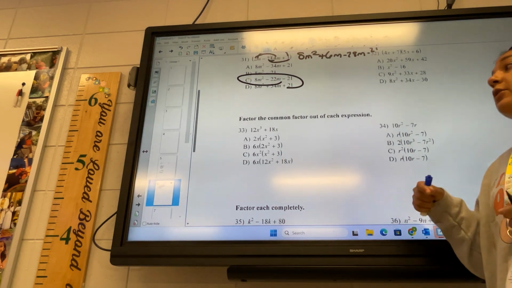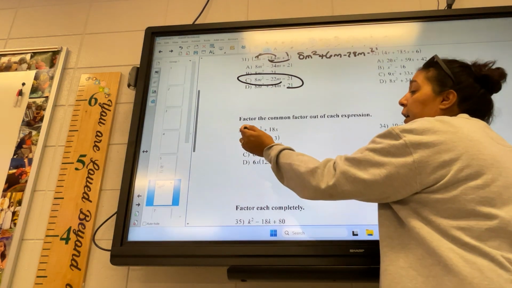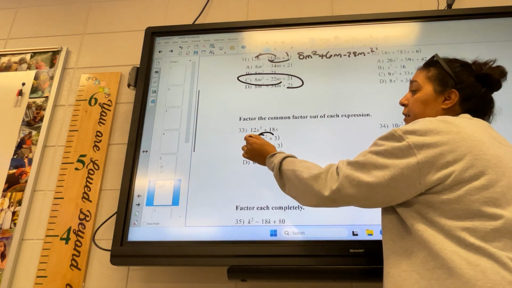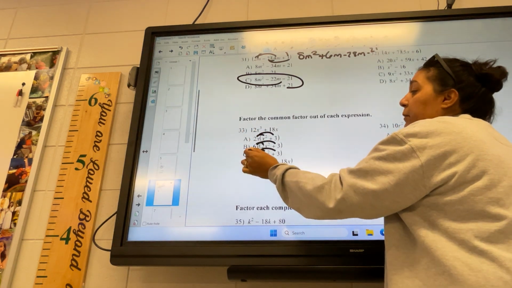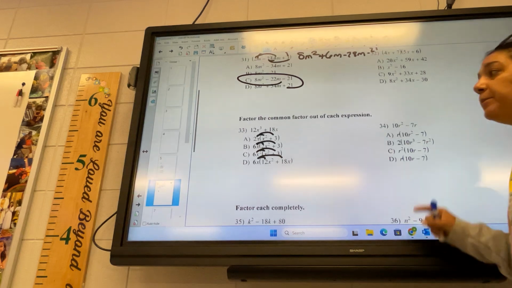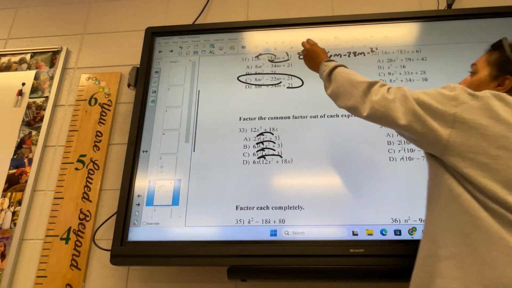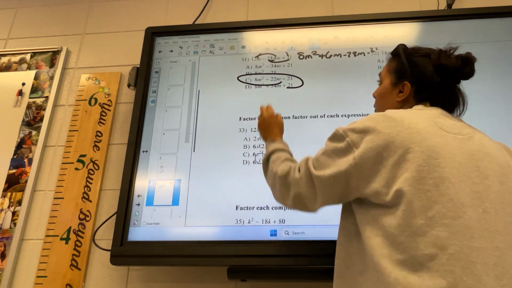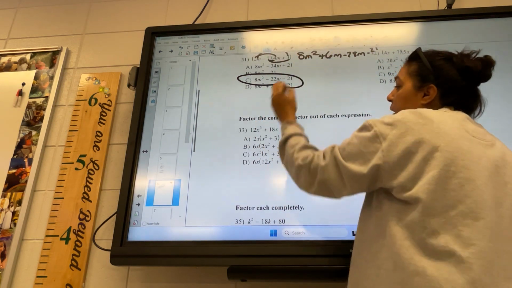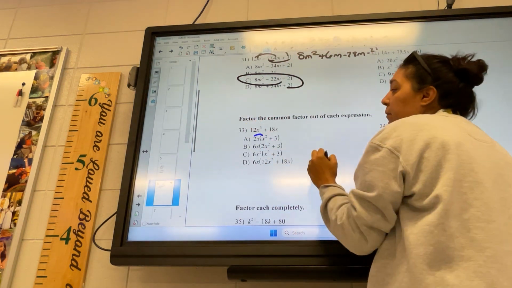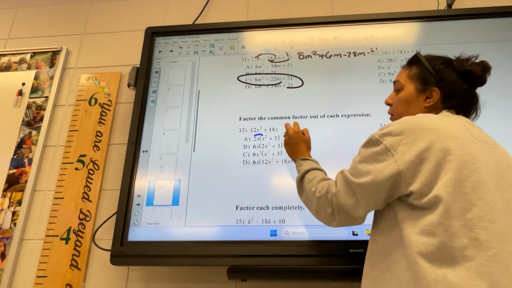Or, a lot of you guys are good at doing the distributing already. You can go like this to each one and figure out which one matches up perfectly. So that's kind of like using the answers to see if it works with the problem. I'm just going to do the first one, but we already know that it's a 6, so we know that's not the top one, but 2 times 1 is 2.